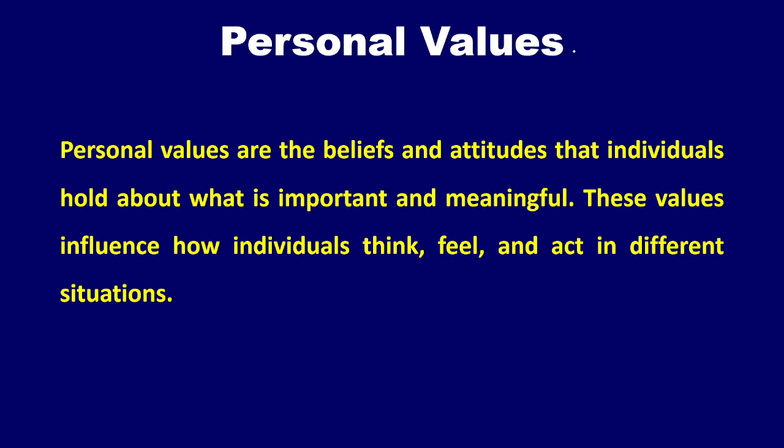The first factor is personal values. What type of values are possessed by a person would determine a person's ethical behavior. Personal values are beliefs and attitudes that individuals hold about what is important or meaningful, and of course, this will vary from person to person.